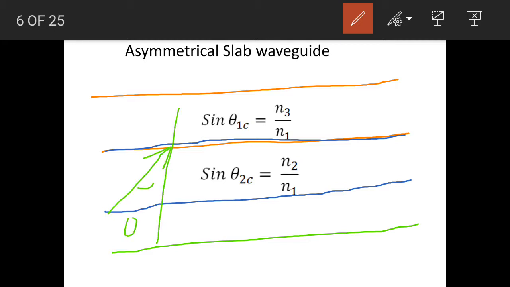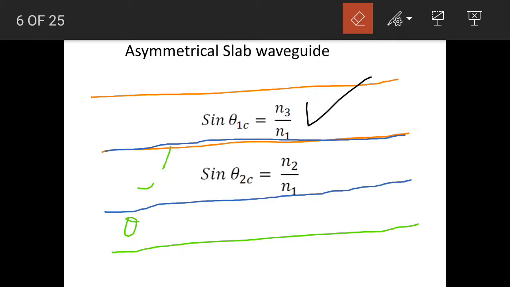If this angle is greater than theta 1c, then the total internal reflection will take place. This angle is calculated with the help of this equation: sine theta 1c is equal to n3 by n1.